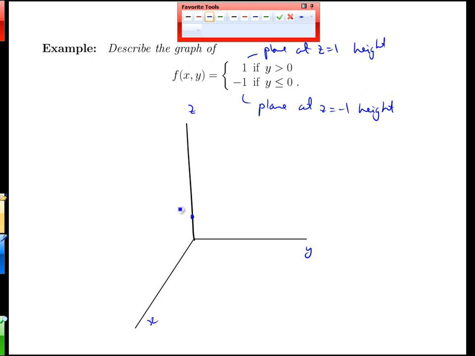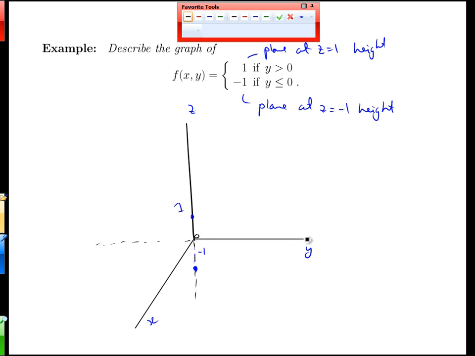So let's draw those 2 points on our graph here. Let's draw that in black like the last one. We would have another point down here at -1. Now the difference between, or where these two planes apply, depend on the y value, and the y value again is left to right. So imagine the y-axis continuing on this way with the origin being at this crossing point.